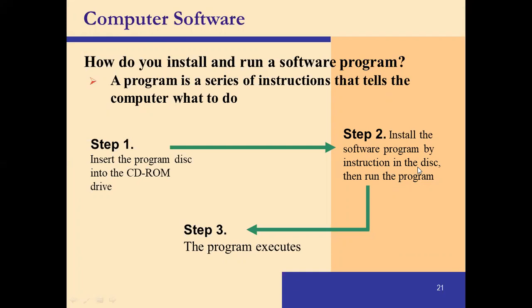There were instructions already given in the disk so that you could install and run that program. There was an install icon in the disk that we double clicked, and it ran the program.